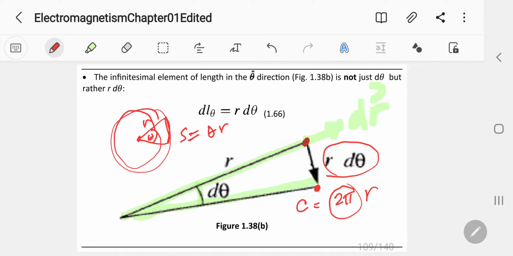So anyway, this is r sine theta d phi for phi hat. So you have r sine theta d phi.